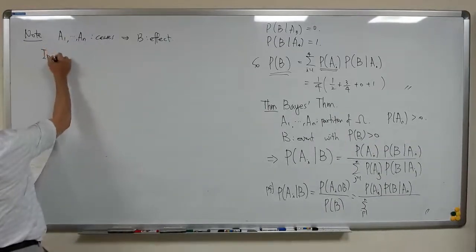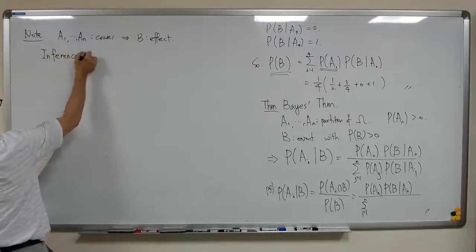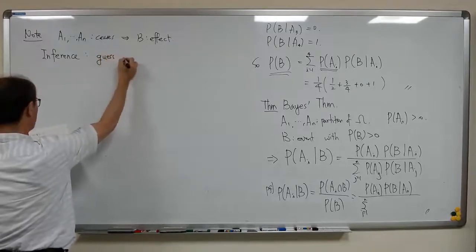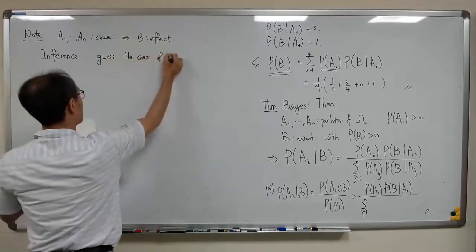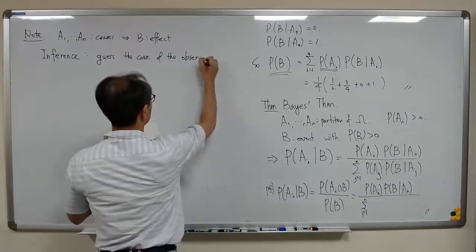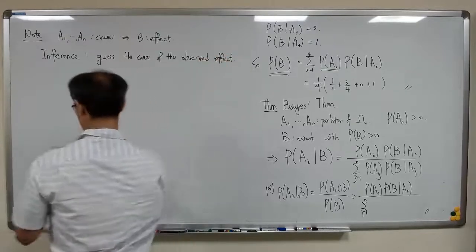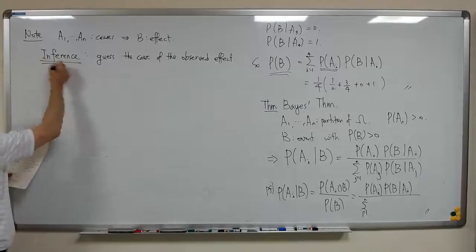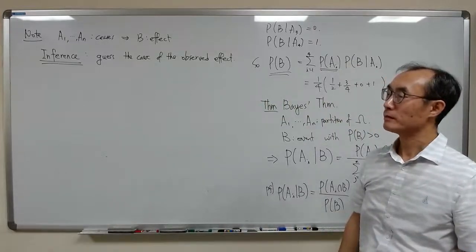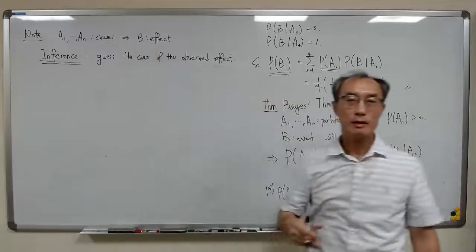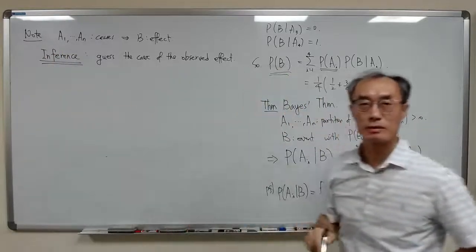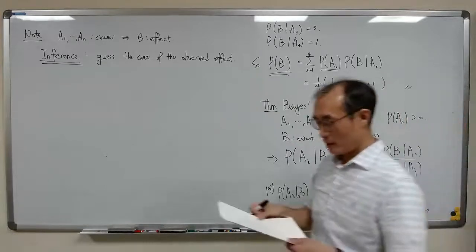In this kind of probability model, we have probabilistic inference, which is to guess the cause of the observed effect. We observe the event B, then want to analyze which one of them is the cause of that event, that result.